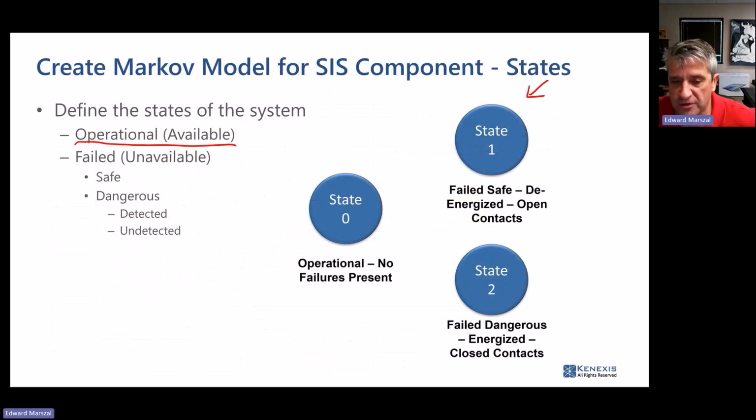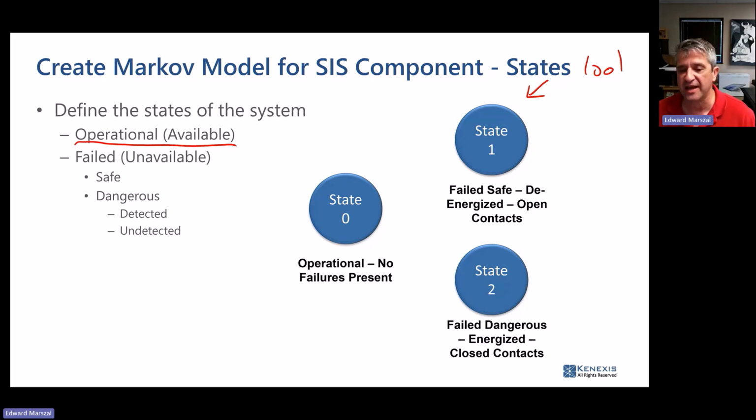So define what your states are: operational, failed safe, failed dangerous. Now, this is for a simple 1 out of 1 system. As you add more components, you're going to get much more complex real fast.